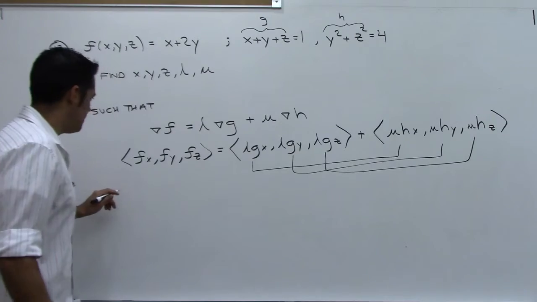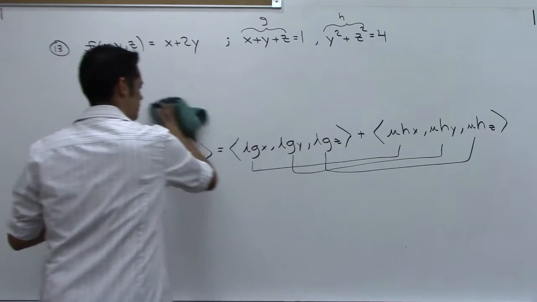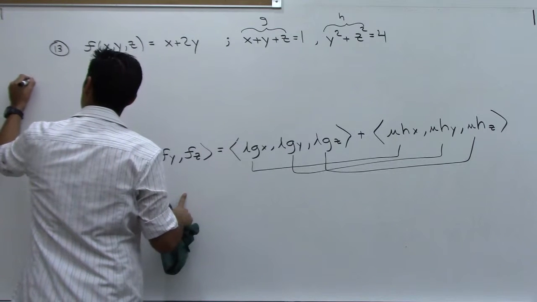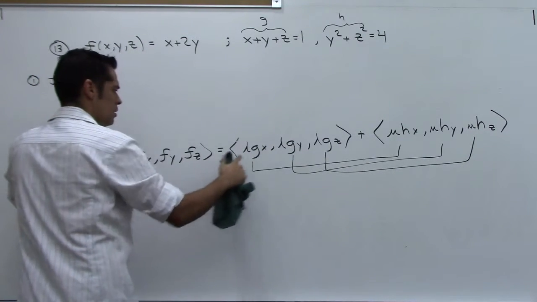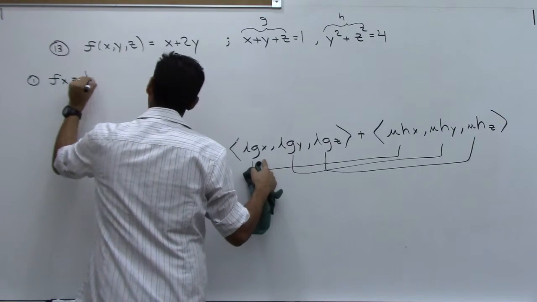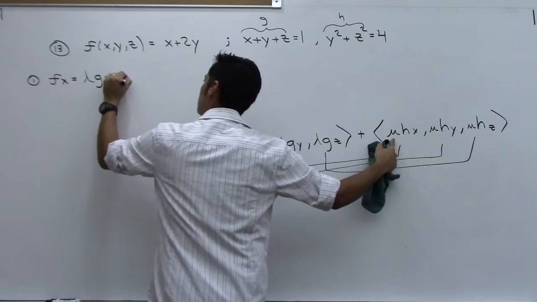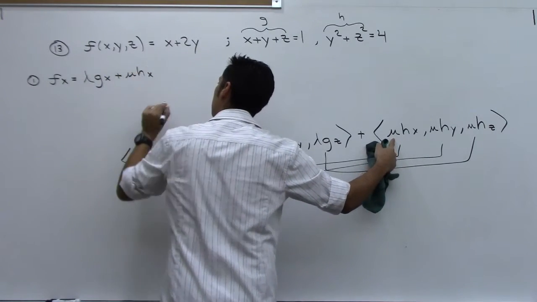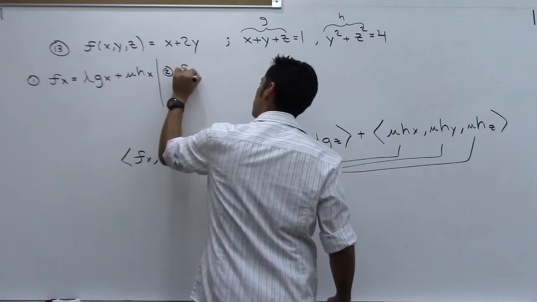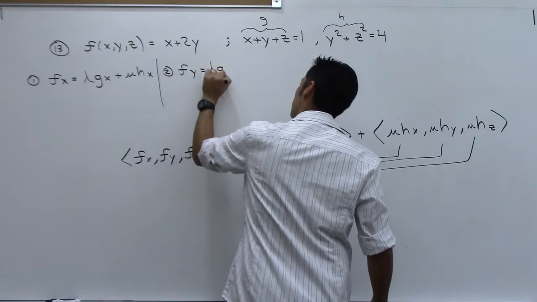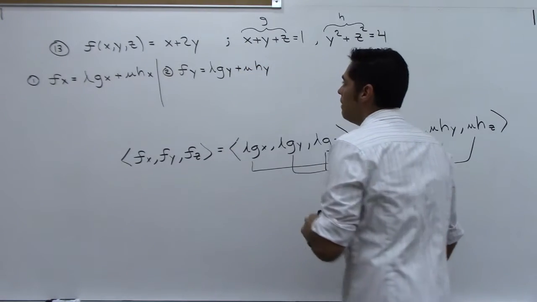Okay, these will come together, and then I will set those equal to the 3 components here. So what I have, I'll write it up here. My first equation that I'm going to get is that the partial of f with respect to x must equal lambda times partial g with respect to x plus mu times partial h with respect to x. My second equation is partial of f with respect to y must equal lambda times partial g with respect to y plus mu partial h with respect to y.